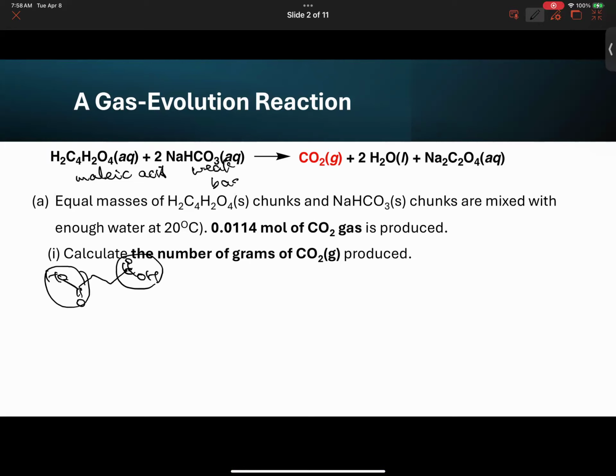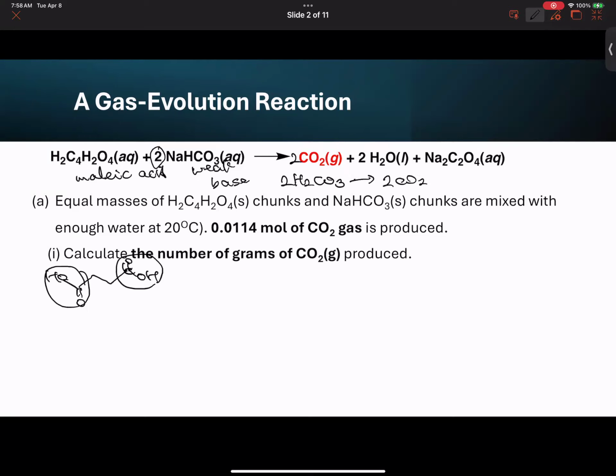When a carboxylic acid and bicarbonate solution are mixed, it will form carbonic acid, H2CO3. Because there are 2 equivalents of bicarbonate, it will form 2 moles of carbonic acid, but it is unstable. It will quickly decompose into 2 moles of carbon dioxide.